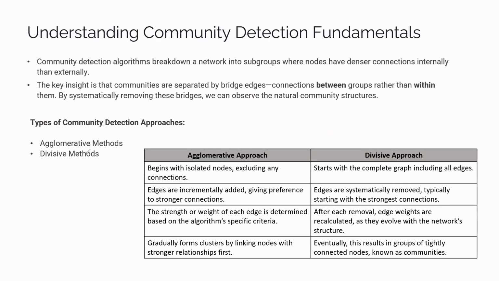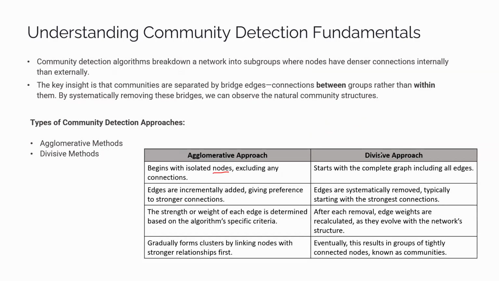The community detection algorithms are broadly classified into two types. One is agglomerative, the other one is the divisive approach. These are again very popular approaches in machine learning study. The agglomerative approach talks about constructing the communities or the network starting with isolated nodes and then giving connections to those nodes.